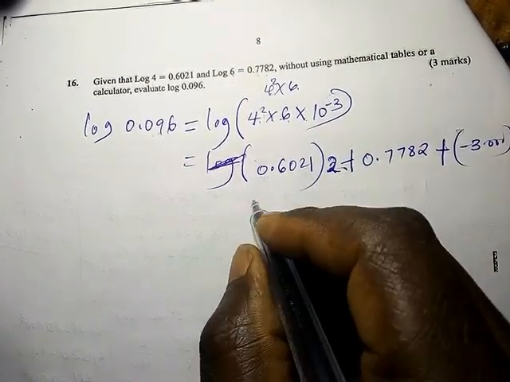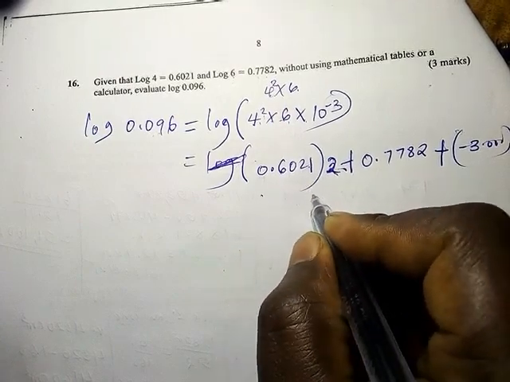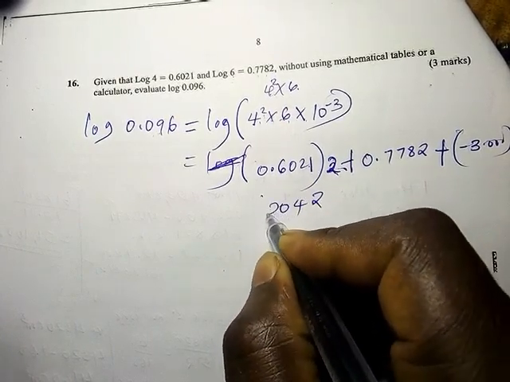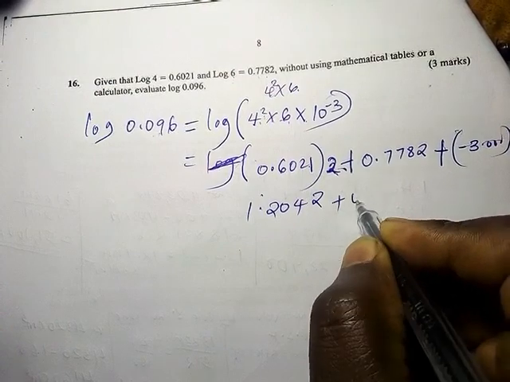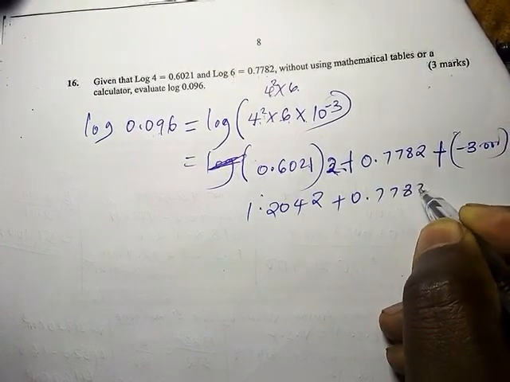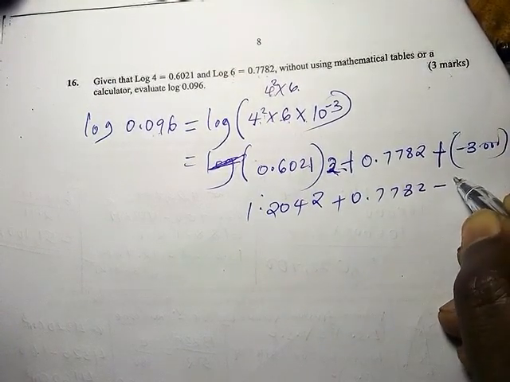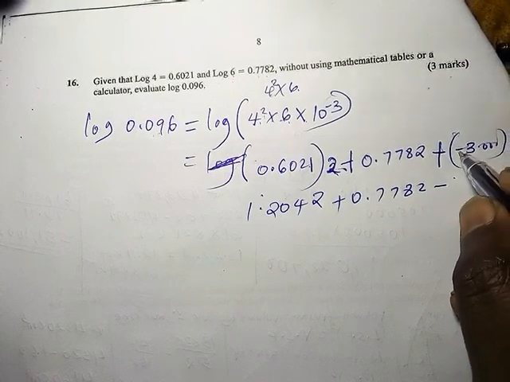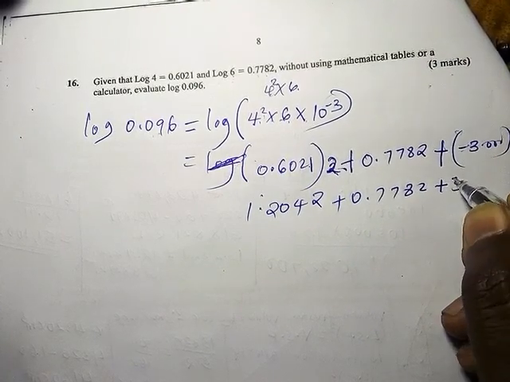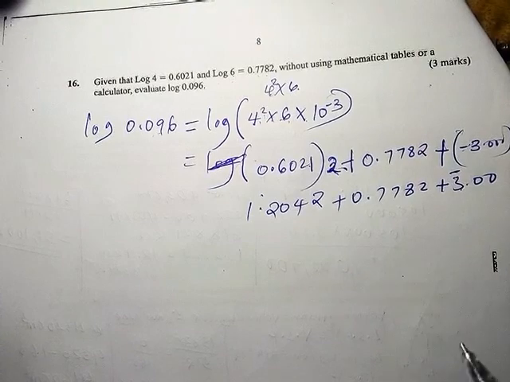So this times this, you multiply: 1.2042 plus 0.7782, and then the power of negative 3.